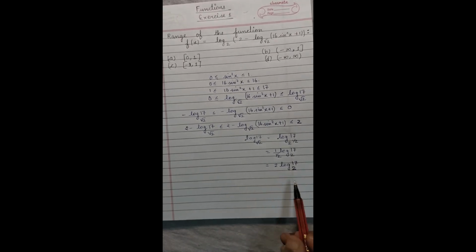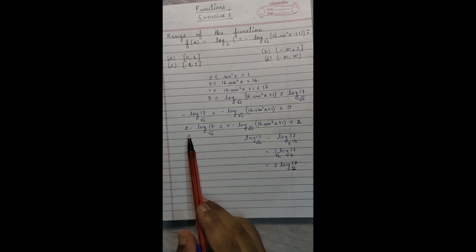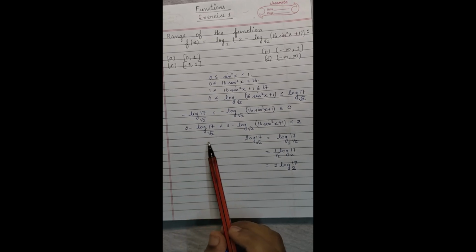Now I see there is log 17 to the base 2. This term is greater than 4 because log 16 to the base 2 is 4 and this is log 17 to the base 2. So this is obviously a term which is greater than 4 and it is getting subtracted from 2. So this term actually becomes negative and I cannot take log of any negative term.